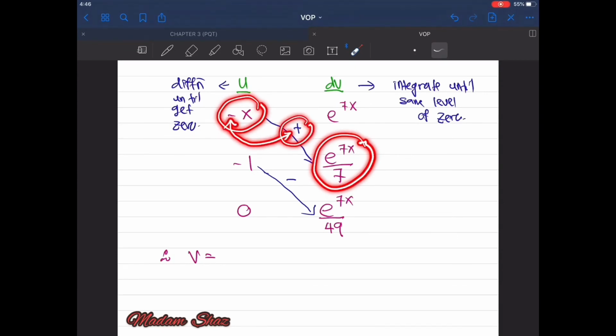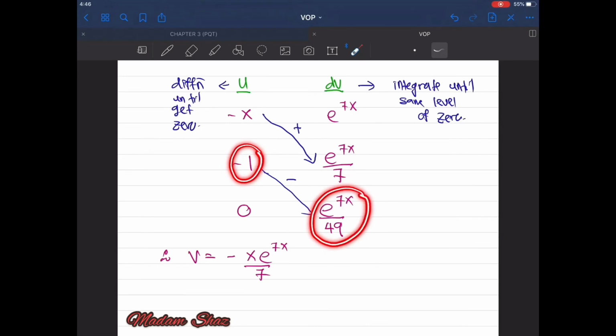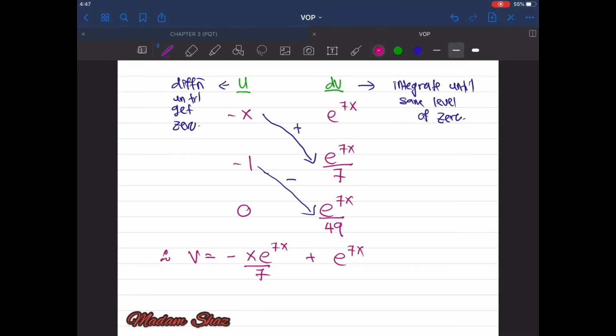So negative with the positive will become negative x exponent 7x over 7. Negative 1 multiply exponent 7x over 49 with the negative sign. So negative with the negative will become positive. So positive exponent 7x over 49. So the same thing, this one without plus c.